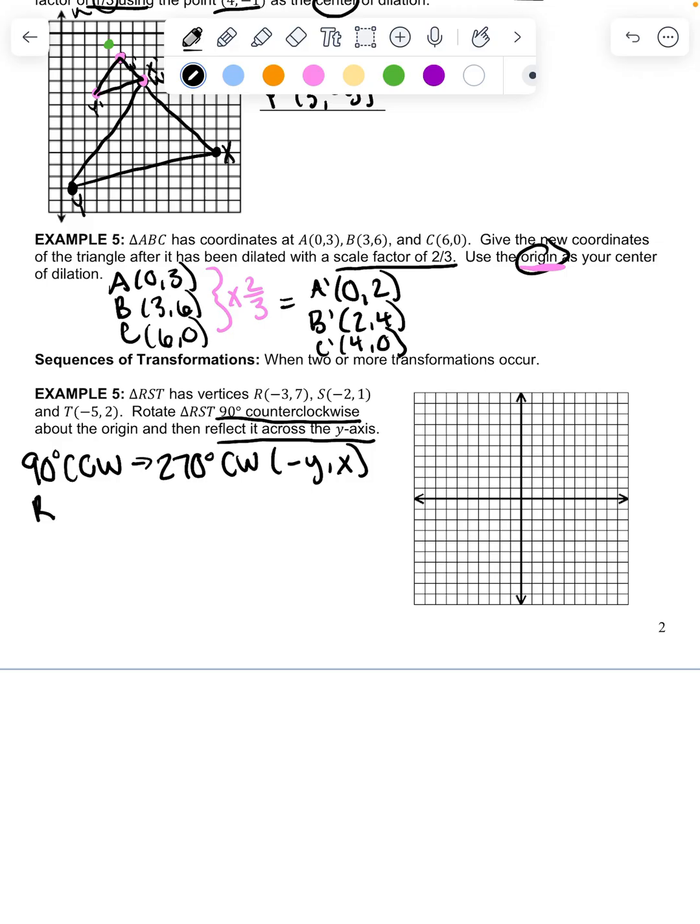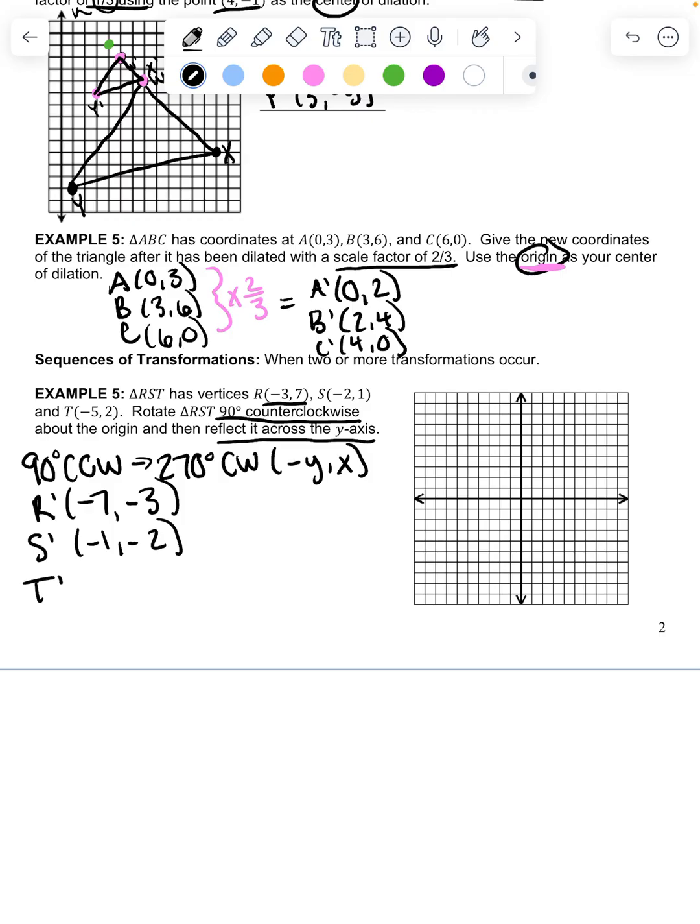Okay, so R prime, our original R was at -3, 7. So my R prime is going to be at 7, 3, right? I'm making the x negative and swapping. Okay, S prime, using the same rules, is going to be at 1, 2.